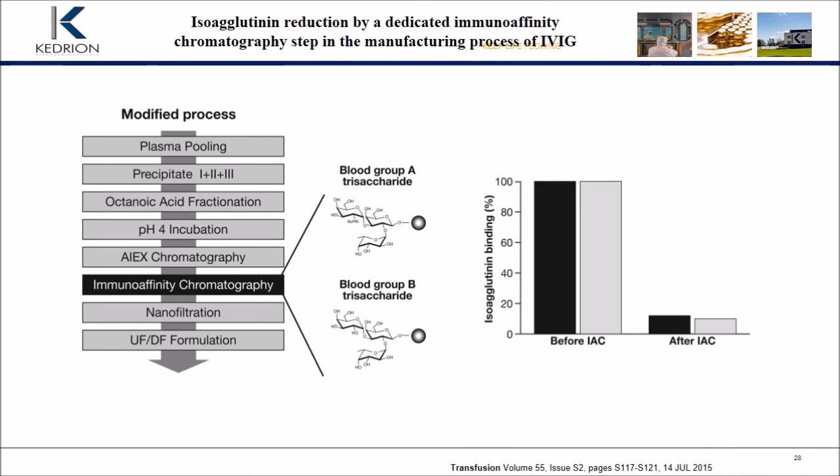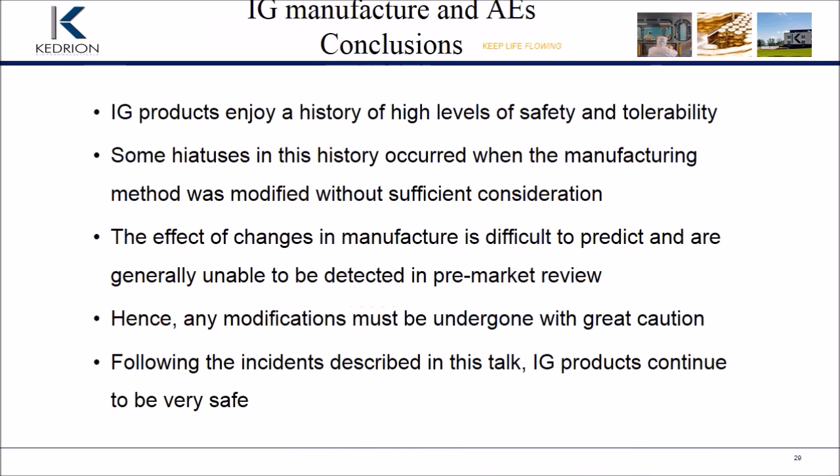Isabella has already described for you the mainstream introduction of a step to prevent this by the industry, and you can see that when this particular company introduced immunoaffinity chromatography to remove the isoagglutinin through binding to the relevant blood group substance, this led to a very low level of isoagglutinin.